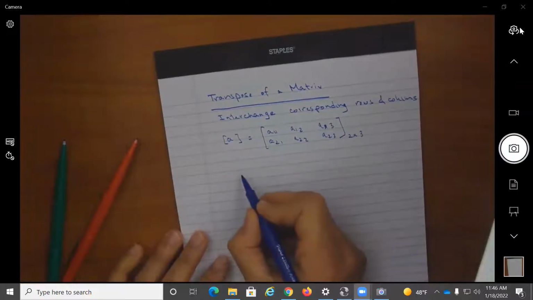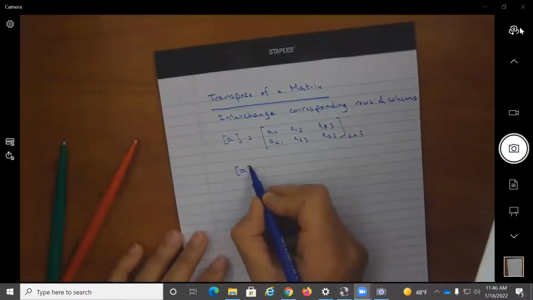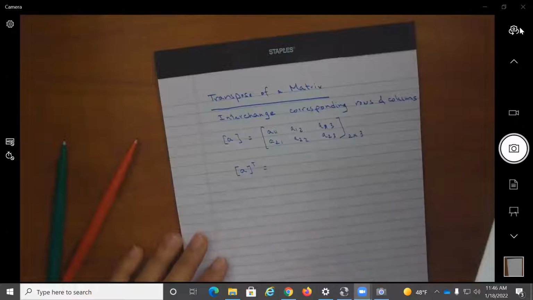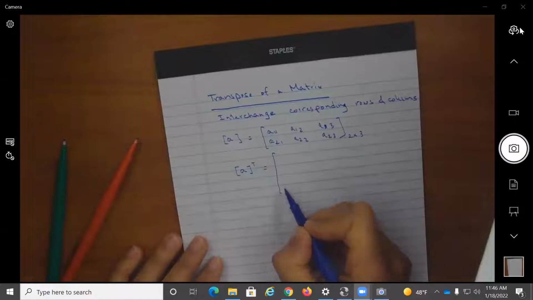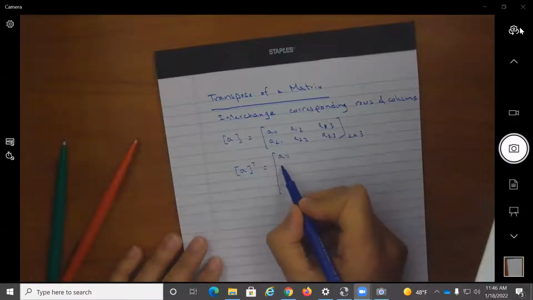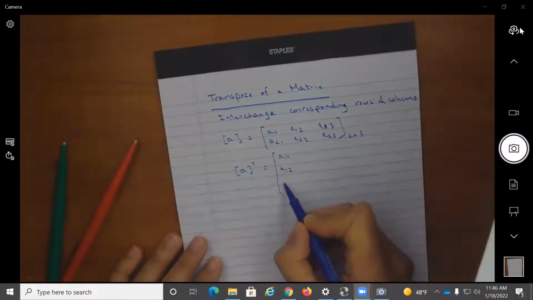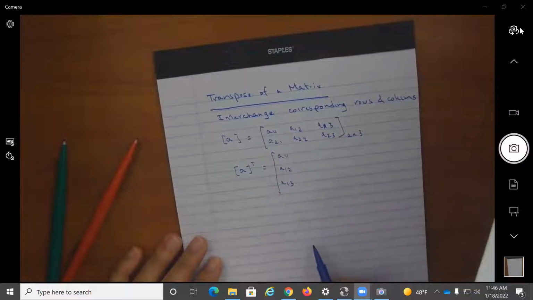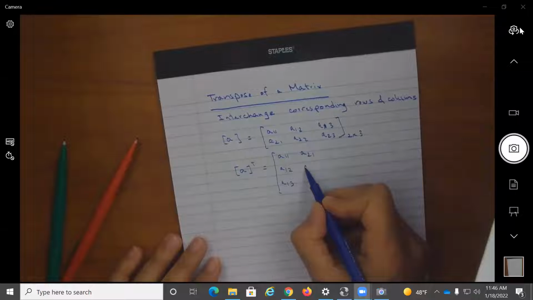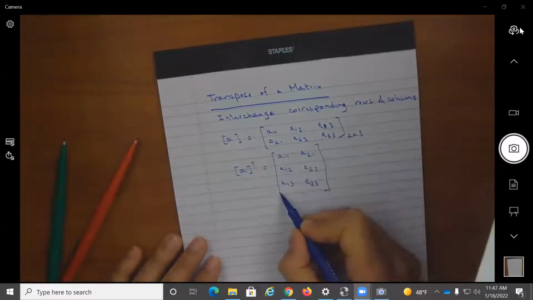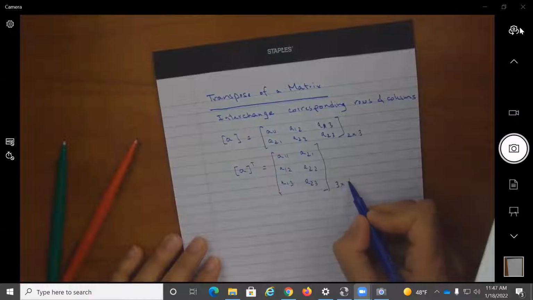The transpose of A, or A transpose, I take the first row and make it the first column. The second row, I make it the second column. So the transpose would be a 3 by 2.